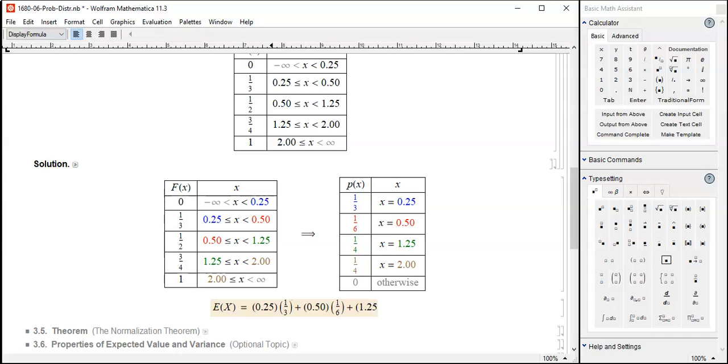And 1.25 is the payoff times 1/4 is the probability, and finally 2.00, 1/4 is the probability. Let's see, this is blue, and that's red, and that's green, and brown.